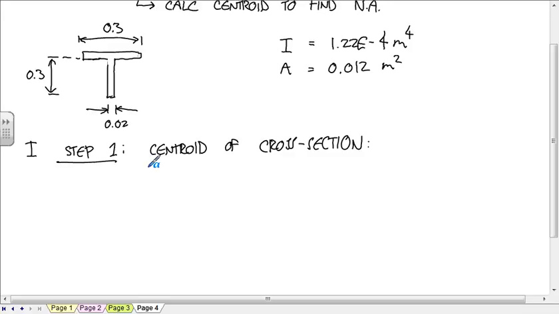So we have the total area, 0.012, times the centroid is equal to the area of one of those two rectangles, 0.006, times its centroid. I put my coordinate system right here in the middle.